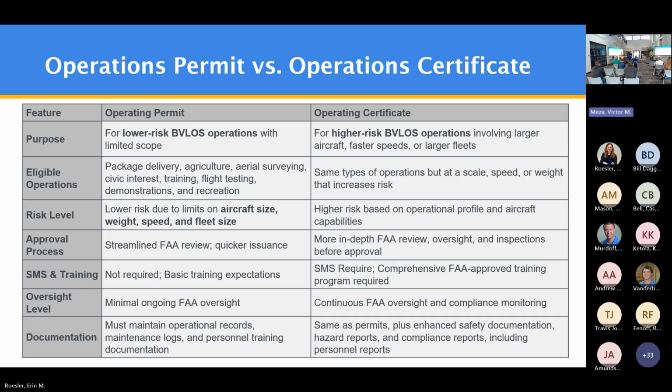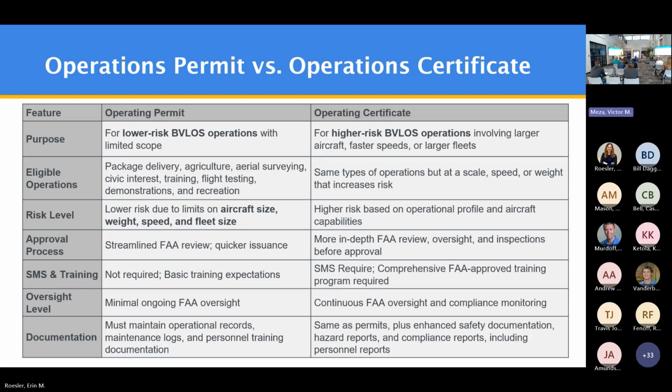Now, the rule set calls out what are expected to be part of your training program, but it's pretty basic. I would say it mirrors a lot of the same knowledge requirements that you see under 107: airspace, weather, aeronautical decision making, strategic deconfliction and conformance monitoring are in there, et cetera.